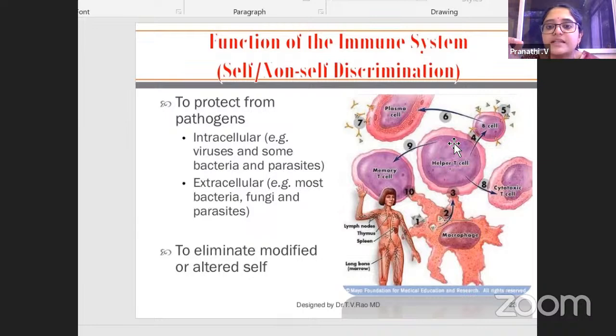This is what happens in autoimmune diseases such as rheumatoid arthritis, pigeon breeder's lung or farmer's lung, and even systemic lupus erythematosus, a type 3 hypersensitivity. Our self cells are also recognized as foreign, and antibodies are released against them. So we have to take care of that part.